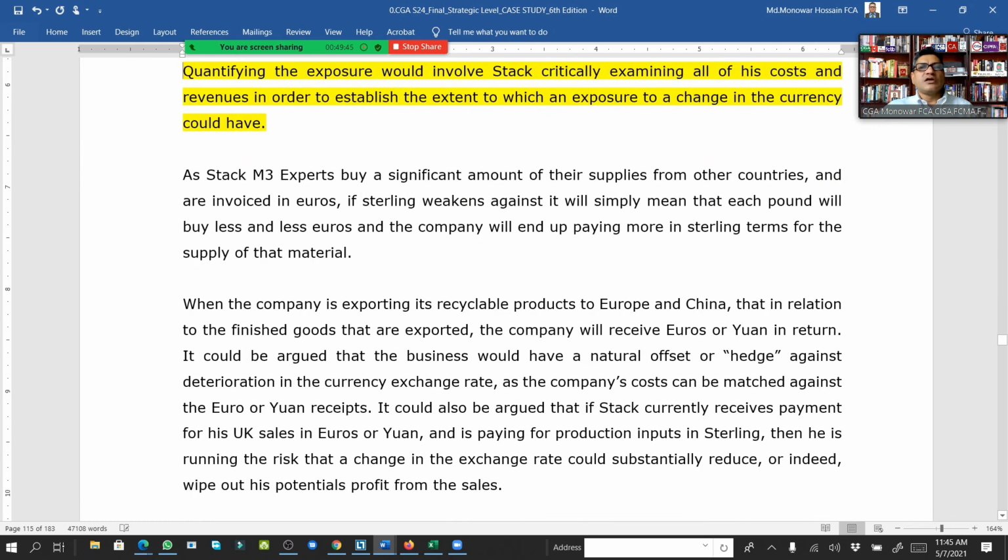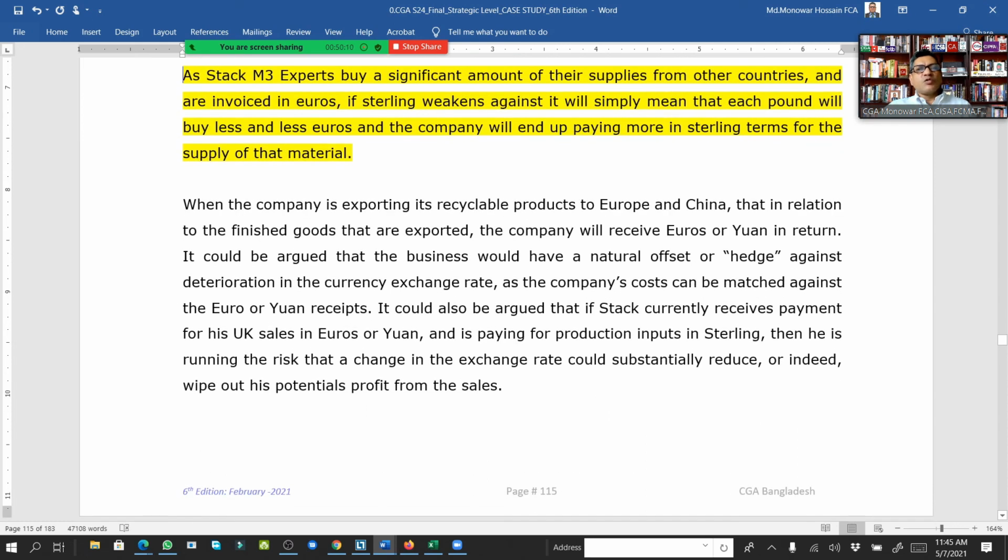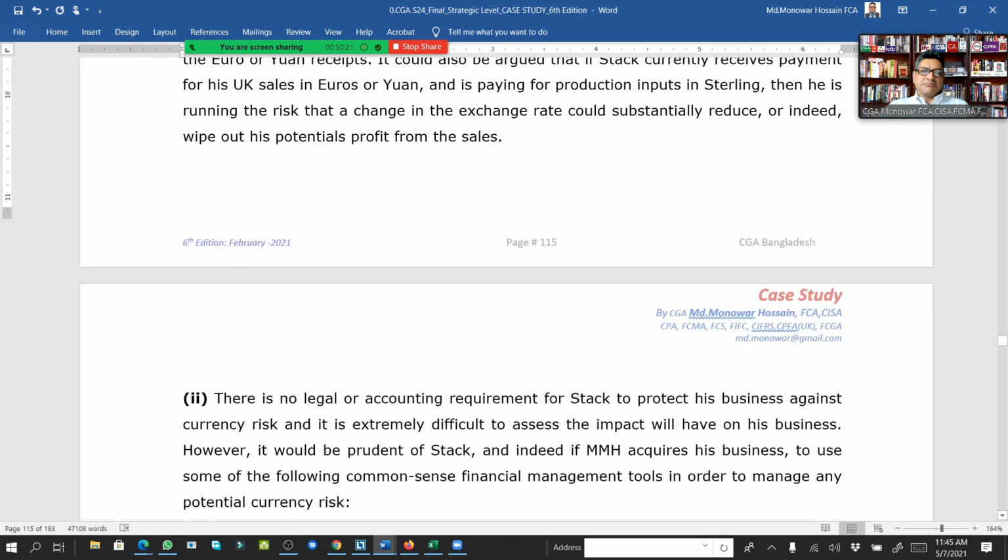There is also a significant amount of supplier purchases from countries involved in the euro currency, so they have to pay in euro, converting pounds to buy euros. So here is the conversion or currency risk when the company is exporting recyclable product to Europe and China, in relation to the financial goods and exporter. That type of currency problem is here.